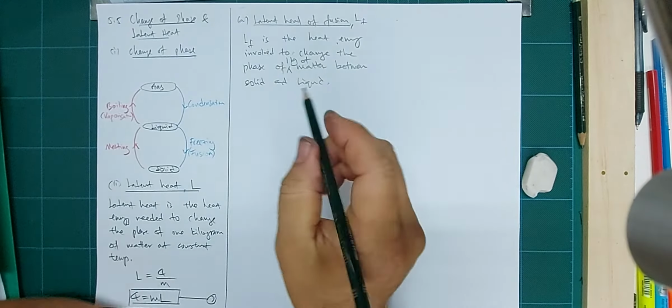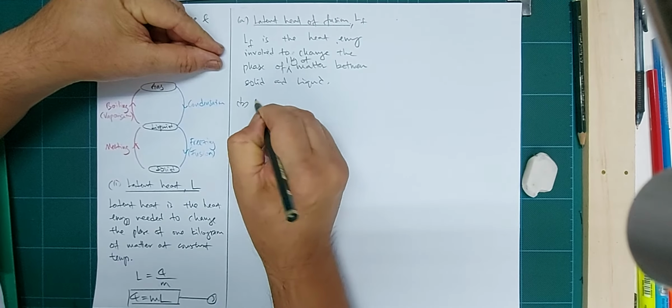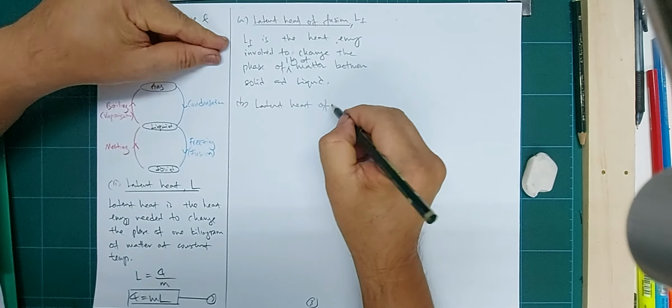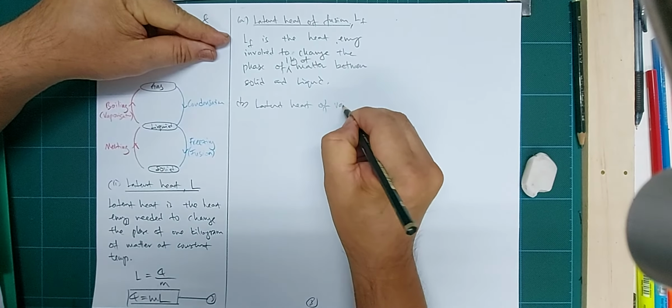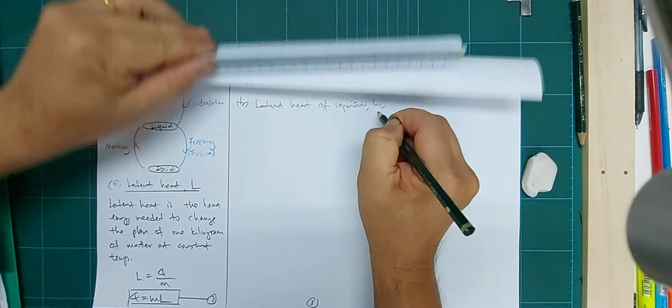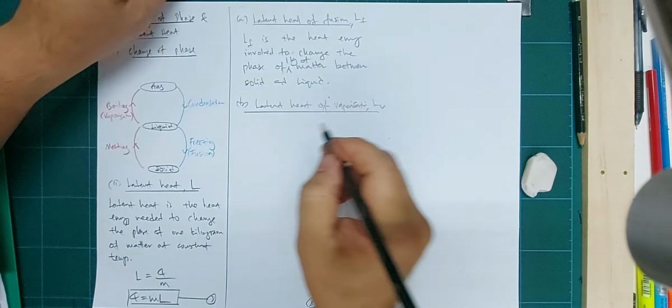And then number 2, latent heat of vaporization. Normally the symbol is LV.